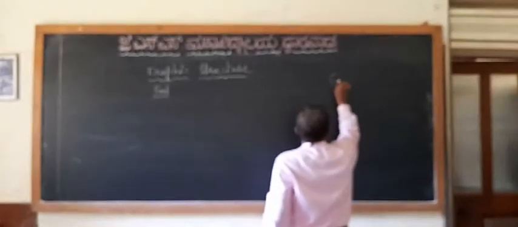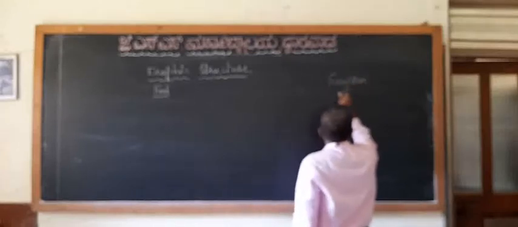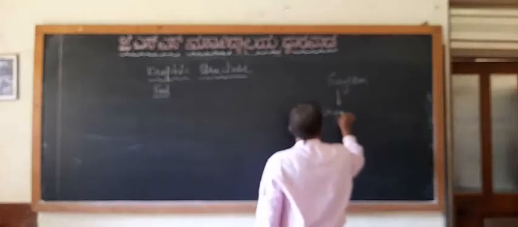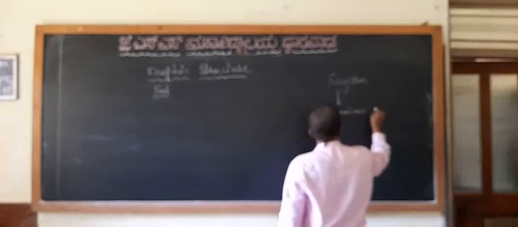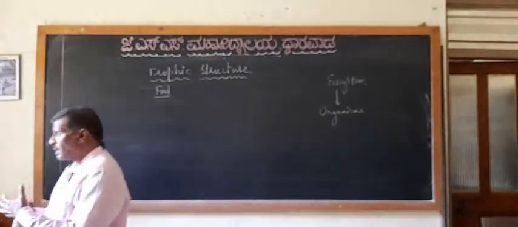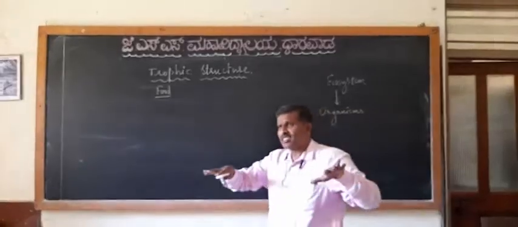This means there in the ecosystem we find organisms of different types. All the organisms are not getting the food in the same general way.